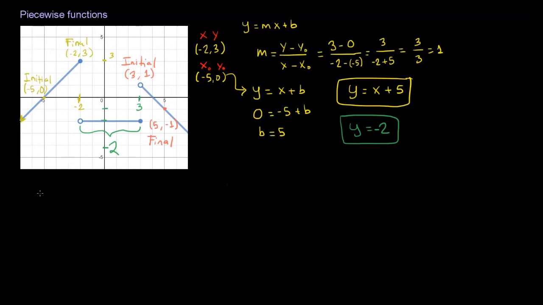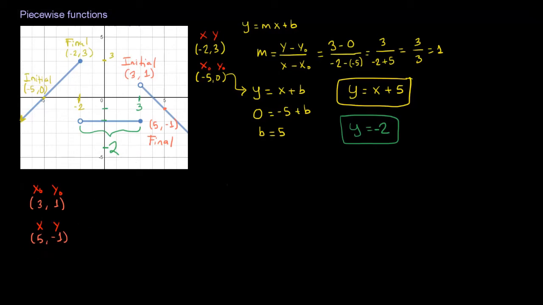So I'm going to write 3, 1 for the first point, then 5, negative 1, and this would be my final x, final y, initial x, initial y, just because this point here is on the right, so this will be the final point.